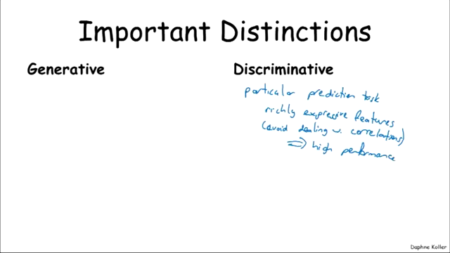So you might wonder, well, when would I use a generative model? I mean, if you get such high performance by using richly expressive features. And there are multiple answers to that. One answer is when I don't have a predetermined task, so when the task shifts. For example, when I have a medical diagnosis task, every patient presents differently.